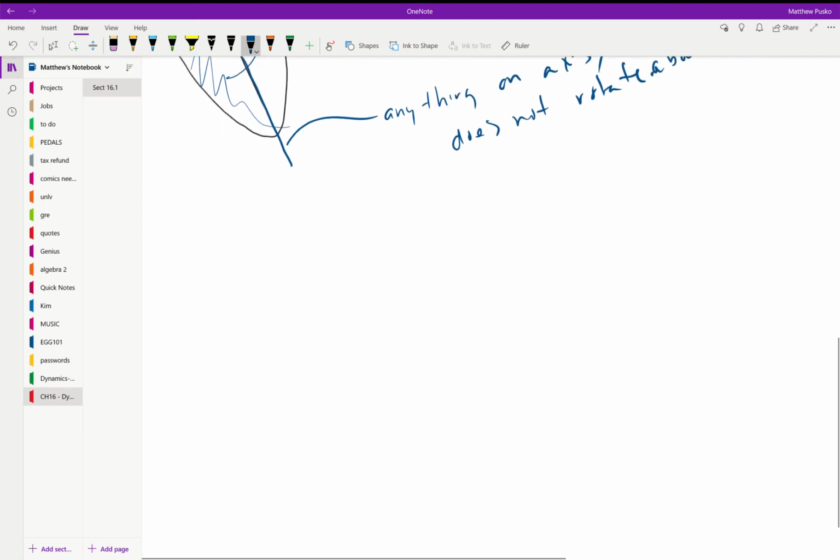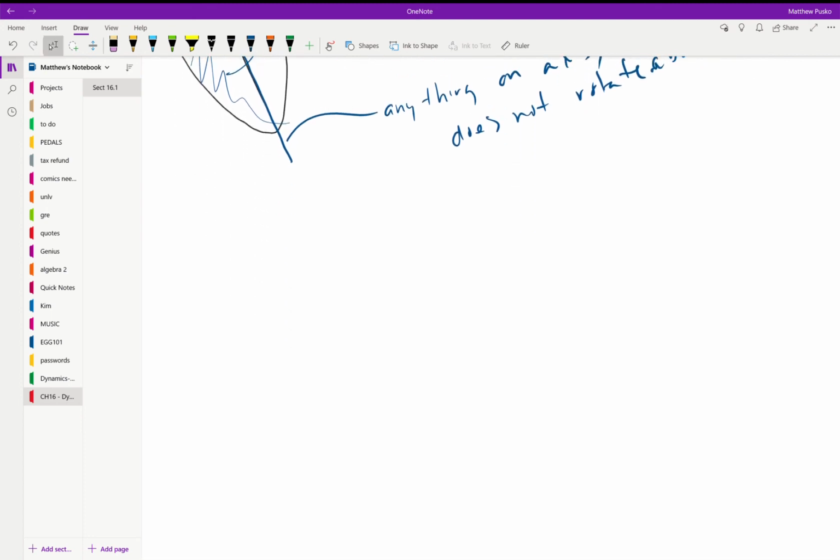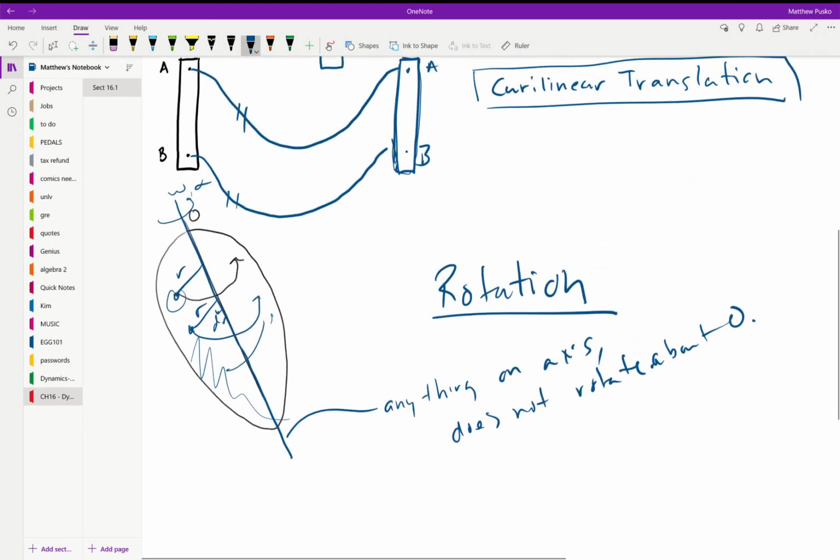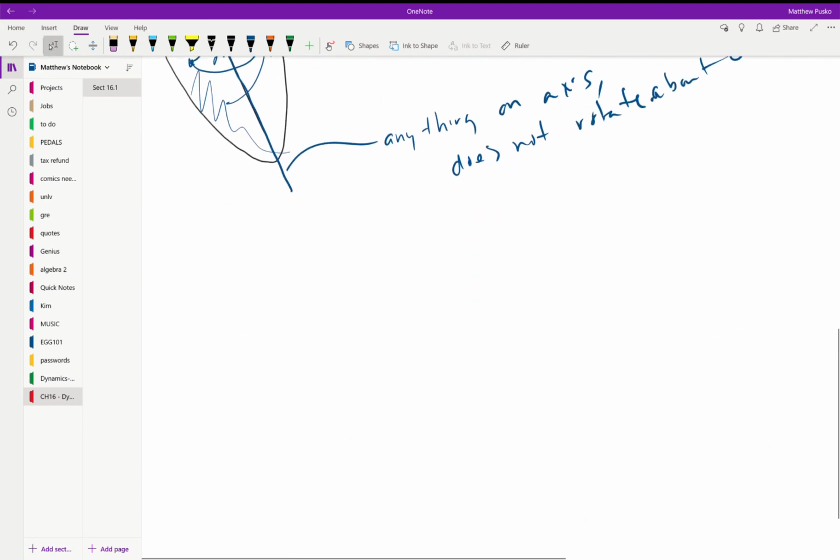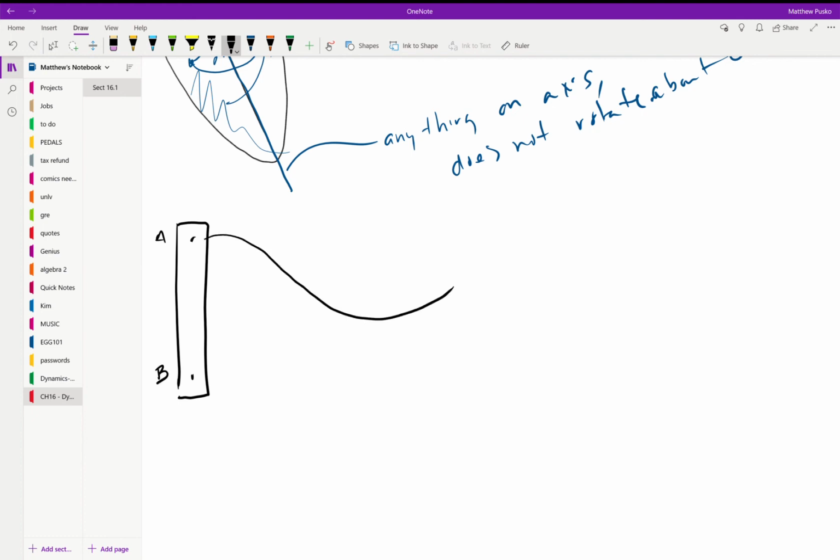Okay, the next is, never mind, I'll redraw one. If we have another rigid body, call it AB, well, we could have the path look something like this.